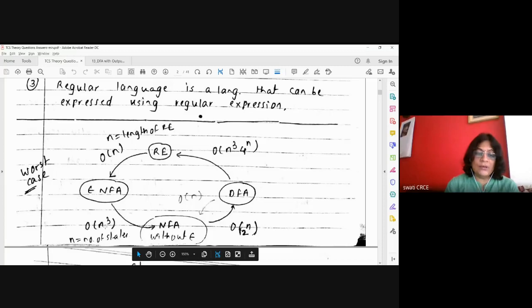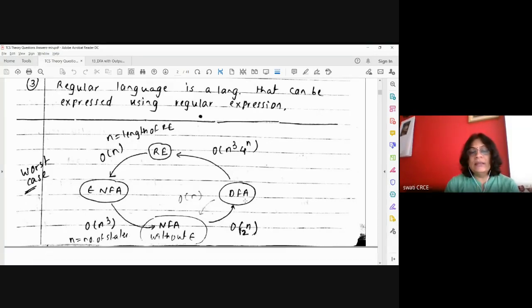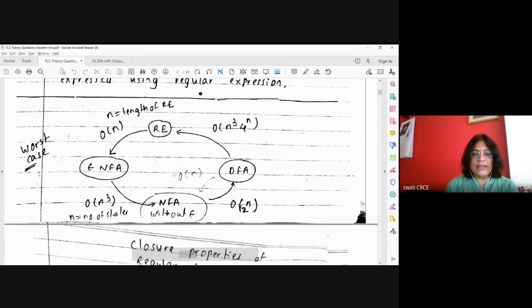If you convert this NFA with epsilon to NFA without epsilon, you get 2 raised to n number of states. And then from DFA to regular expression, you get n cube 4 raised to n number of states. So this is the complexity calculation in the worst case scenario when you do the conversions. Like I told you, when you draw the DFA, it is 2 raised to n number of states in the worst case from NFA.